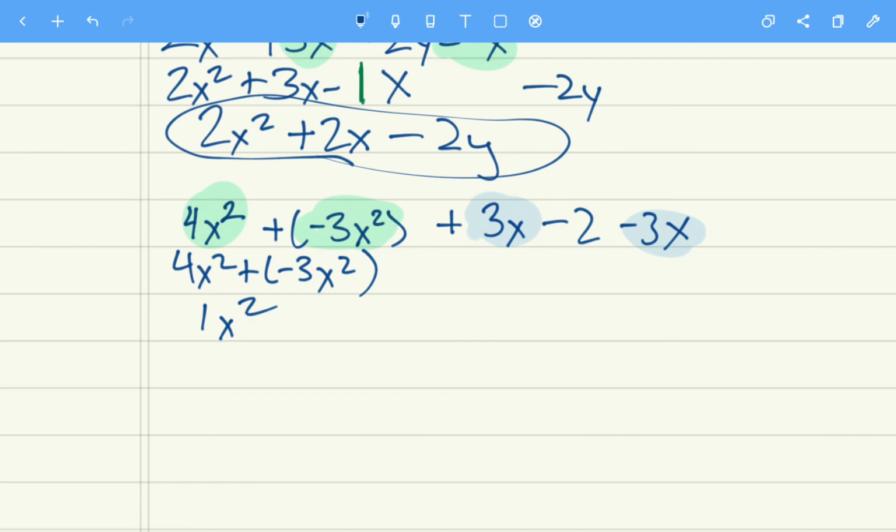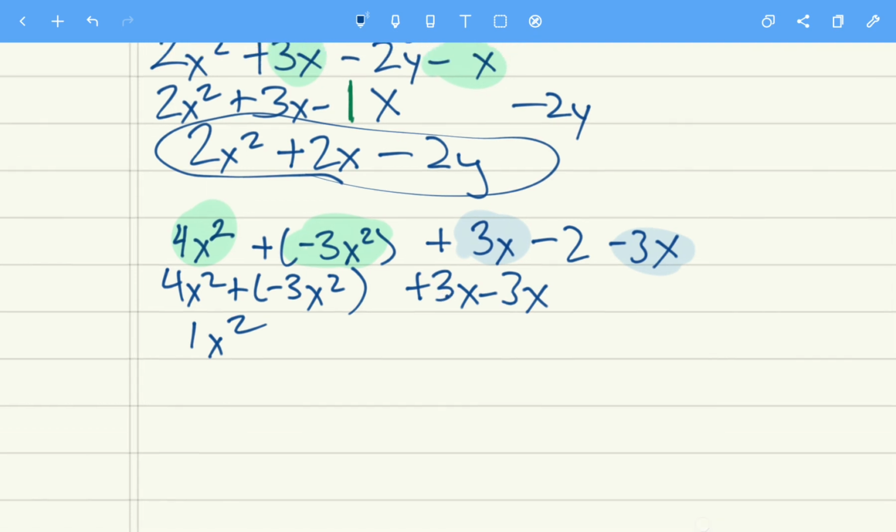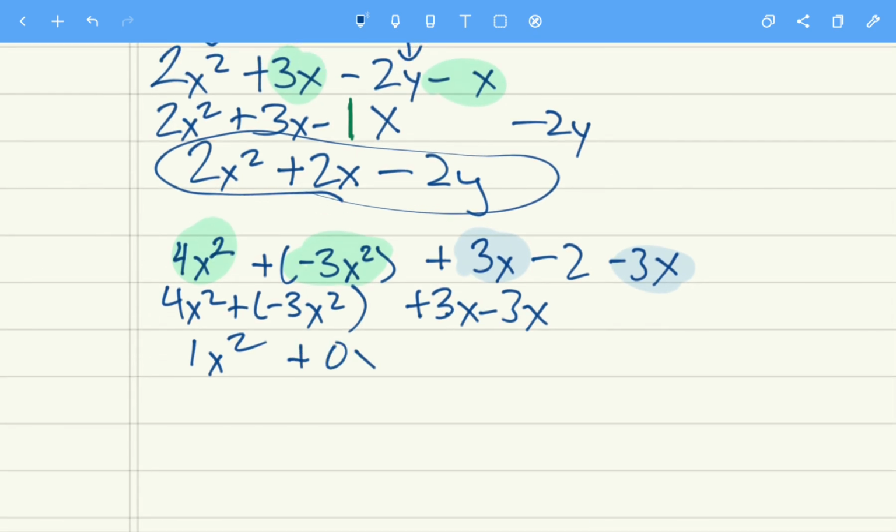So we have 1x squared. We have plus 3x minus 3x. So 3 minus 3 gives us 0x. And then we have minus 2 on the end. 0 times x, that is just going to give us 0, so we don't have to write that. 1x squared is just x squared, so we have x squared minus 2. And we are done.